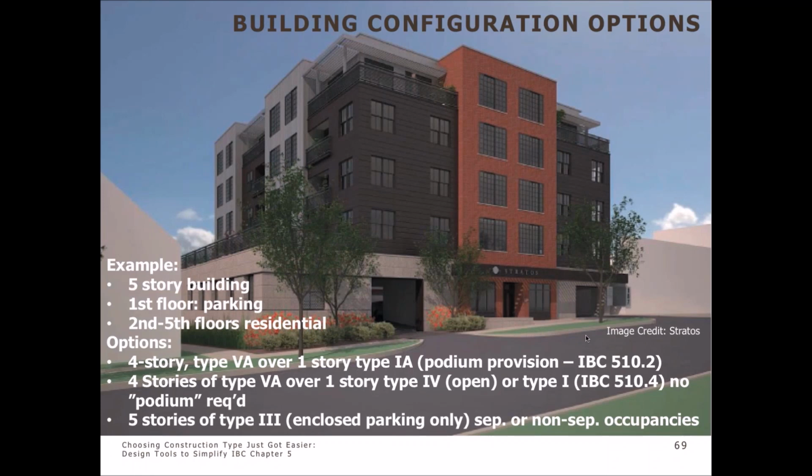And to hopefully tie all of that together, this is just an example 5-story building where the first floor is parking, and then we have 4 stories of residential above. Just a high-level view, what are 3 options that we could look at as potentially using for this building?